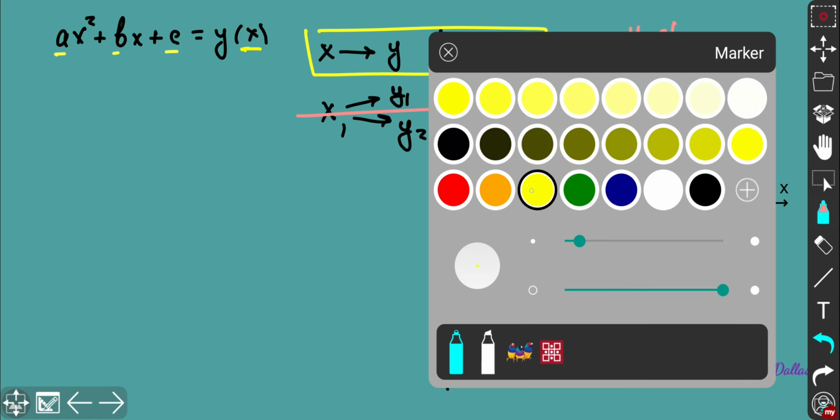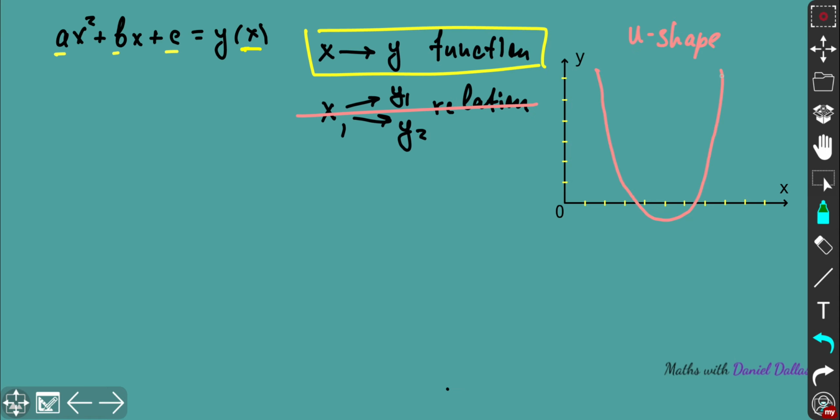Those parts we can say are the branches of our parabola. In this case, branches up, and as you can see, this curve has the minimum point.